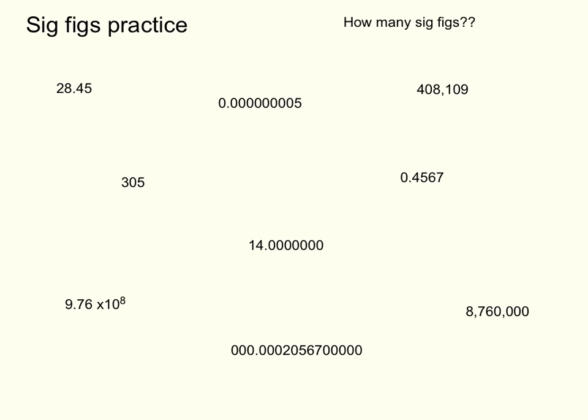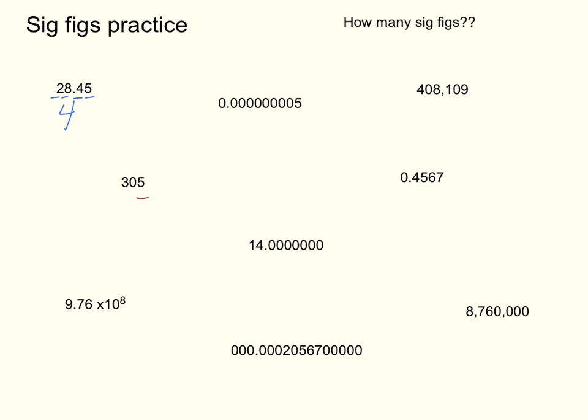Okay, we're just going to plug and chug and do some examples here. First one. 28.45. Rule number 1. No zeros, they're all counting numbers, so they're all significant. There are 4 here. Let's go below it with 305. Rule number 2.